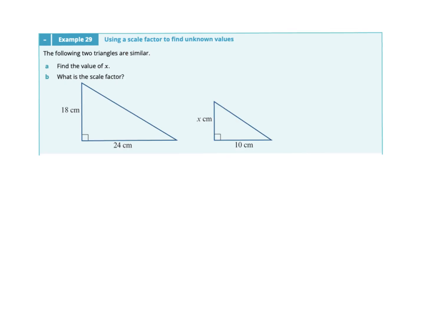Okay, so let's have a look. They've told me that the triangles are similar. When you get told they're similar, that's a clue that you're doing one of these questions. Now, they've asked you to find the value of x. When you know they're similar, remember when we compared the two sides, if I call this one the old image and this one the new image, they ended up giving the same number.